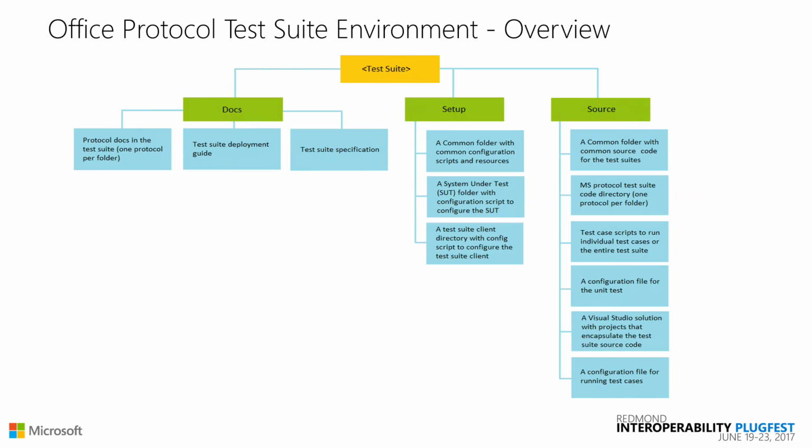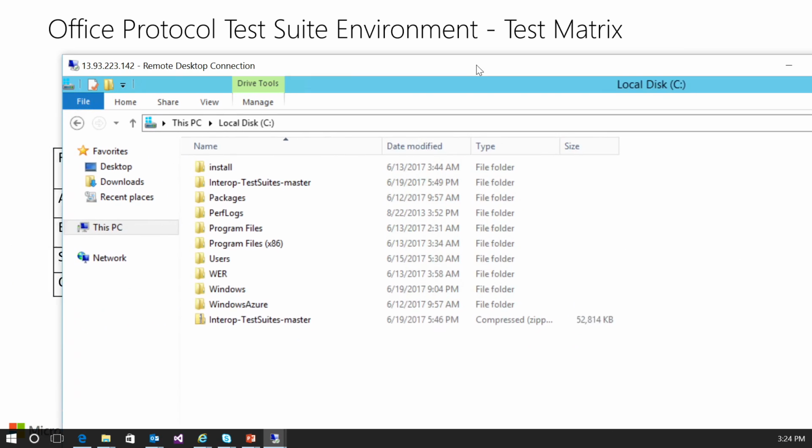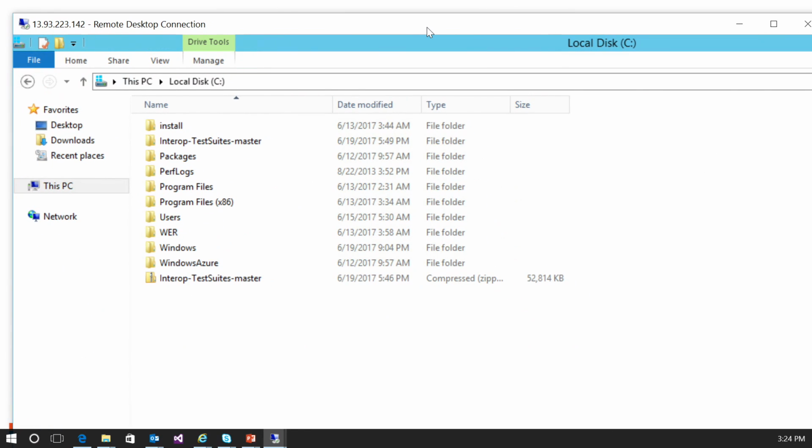Then, how to run it? Let me give you a very quick demo of what you are going to get. After you get this set of passwords, you can remote connect to one of the servers. So this is a client.